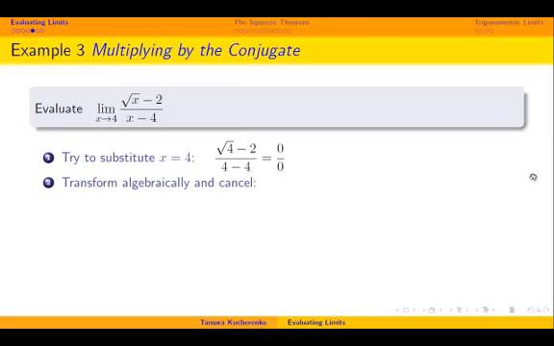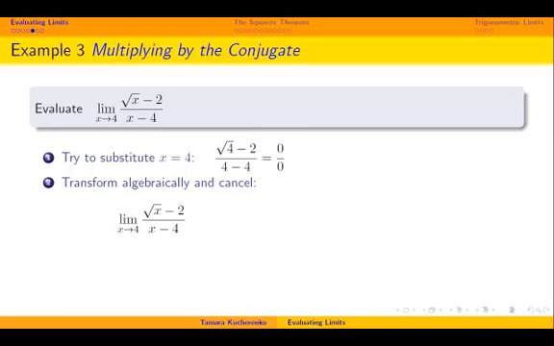The second step is to perform an algebraic transformation, which allows us to cancel the factor x minus 4. We can achieve that by multiplying and dividing the fraction by the conjugate of the numerator.